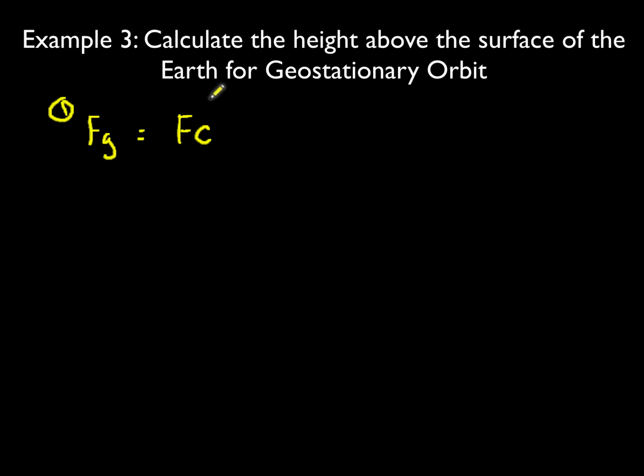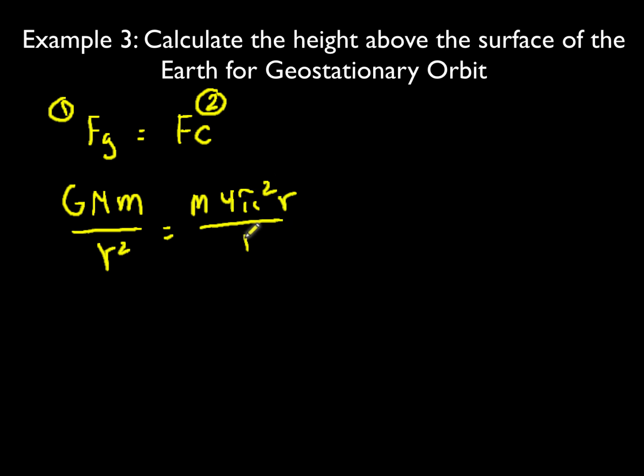So we use Fc equals Fg again. We're using formula 1 and 2. GMm over r squared equals m 4 pi squared r over T squared. Again, m appears in the numerator on both sides, so it can cancel out. And since we're solving for r, we're going to move r to the numerator.